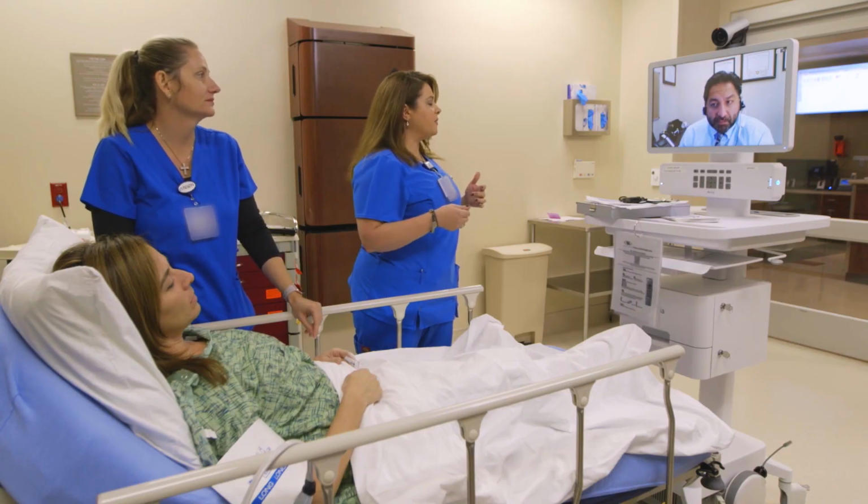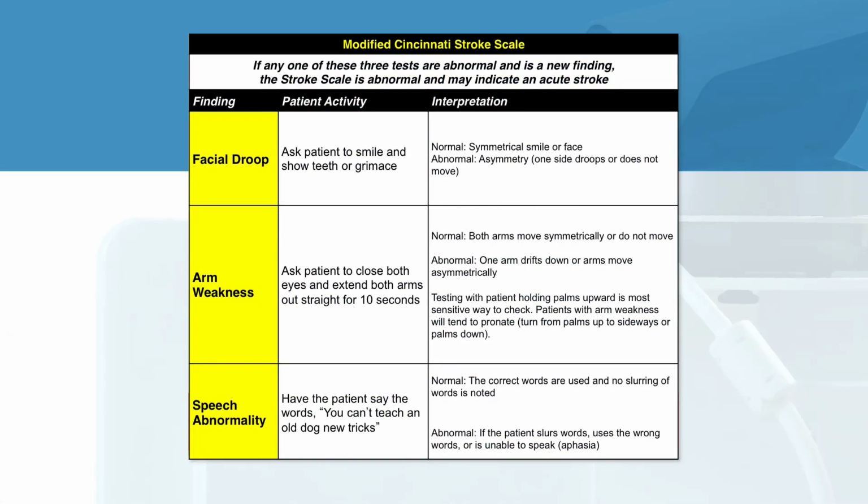Those are the three things that come out from the FAST acronym that alerts the providers to activate code stroke. And based on this, EMS has come up with their own tool across the nation, which is essentially the modified Cincinnati score, essentially a variation of the FAST acronym, particularly face, arm, and speech.